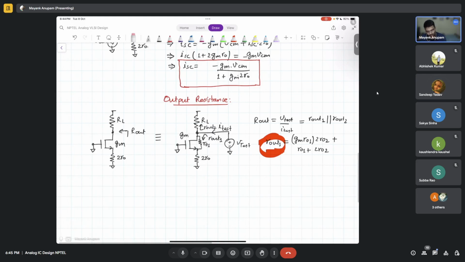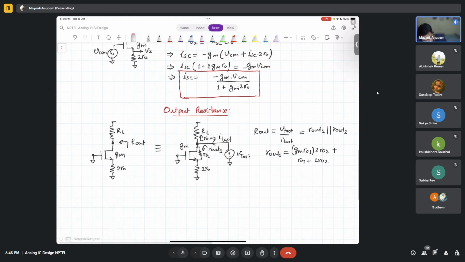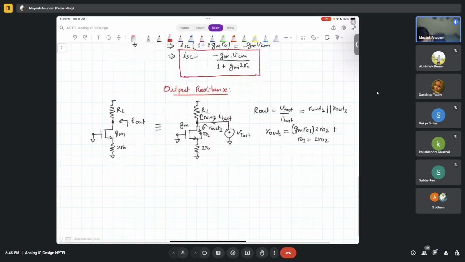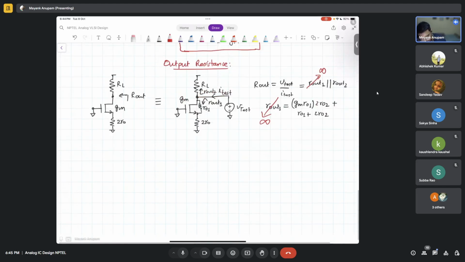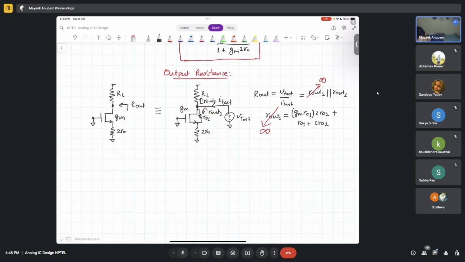So you can assume that the overall R out will be then, so this guy tends to infinity, this guy also tends to infinity. So what is R out in that case? Simply R out 2, which is simply RL.